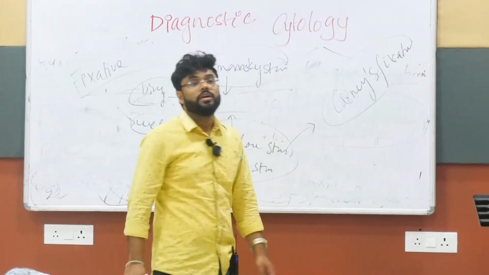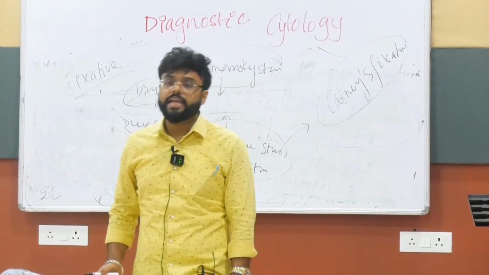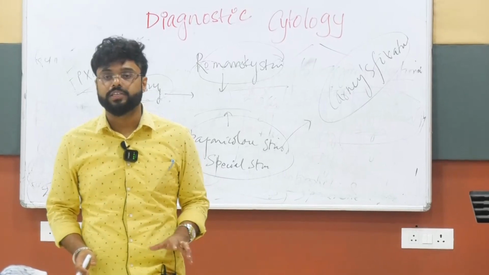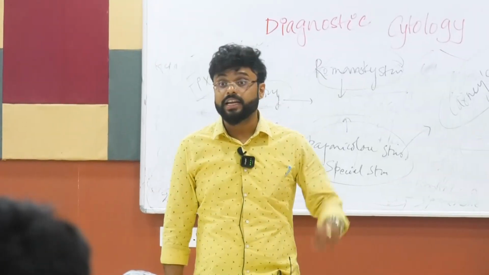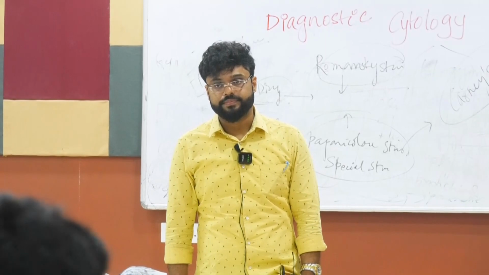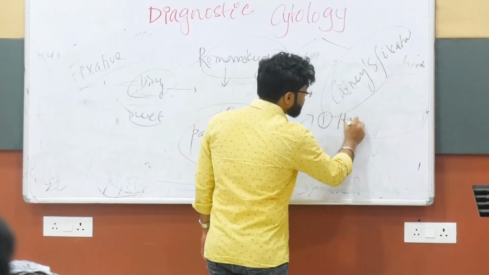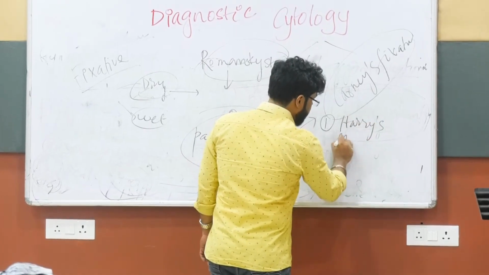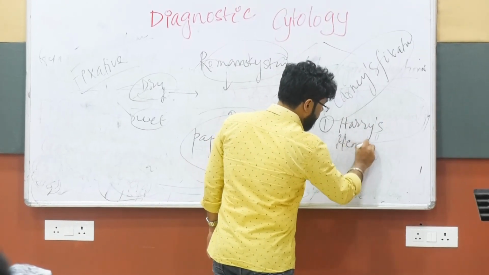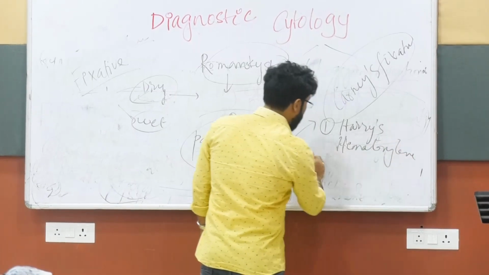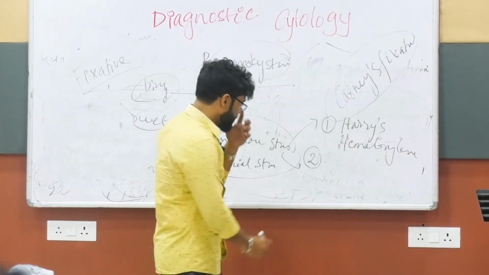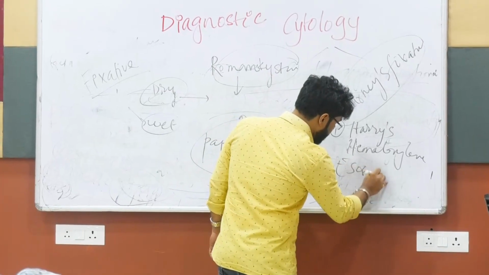Papanicolaou stain, there are two components. Why do you use Papanicolaou stain? Because it is a very good stain to identify any pathology related to the nucleus, যেখানে নিউক্লিয়ার ইনভলভমেন্ট হচ্ছে। দুটো কম্পোনেন্ট থাকে। One is Harris hematoxylin, another is ইওসিন অ্যাজিওর.